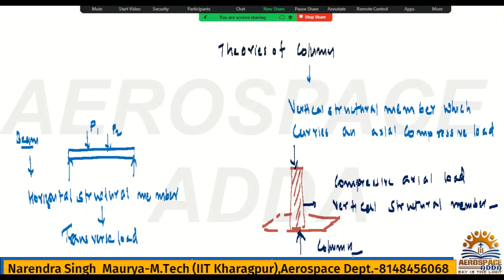And at your home itself, if you check the ceiling and all, you will get the beam, which is the horizontal structural member, and over the horizontal structural member the transverse load will be acting over the surface of the beam, right? So this is the difference between column and beam.